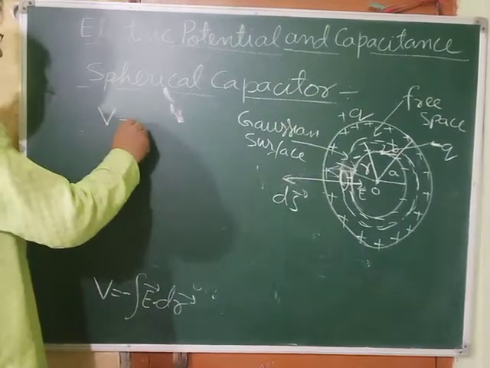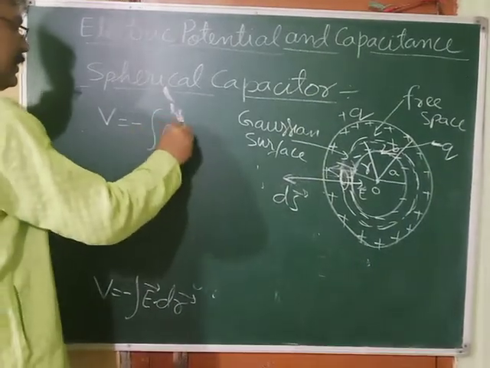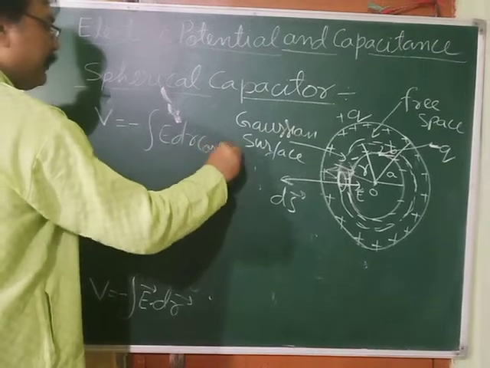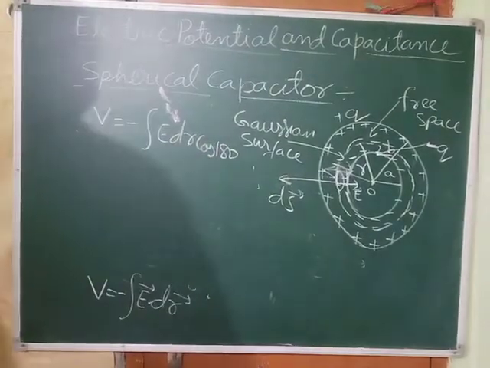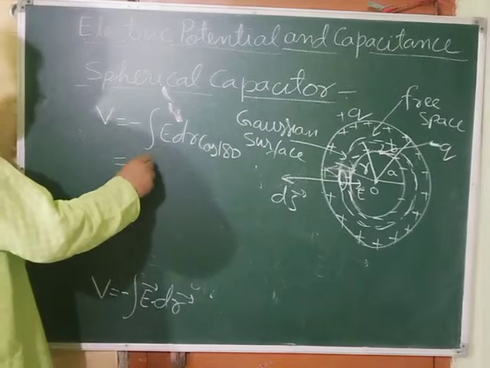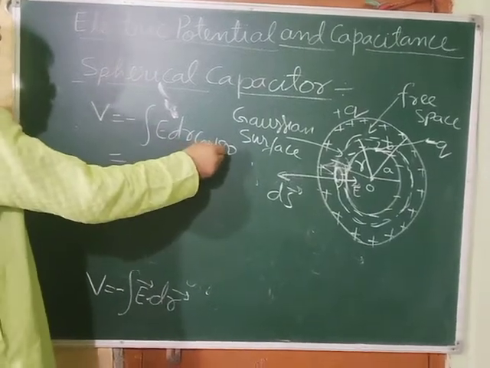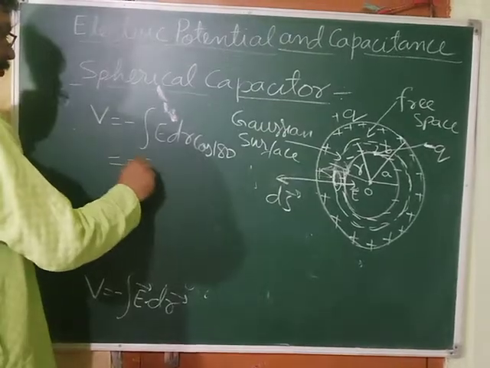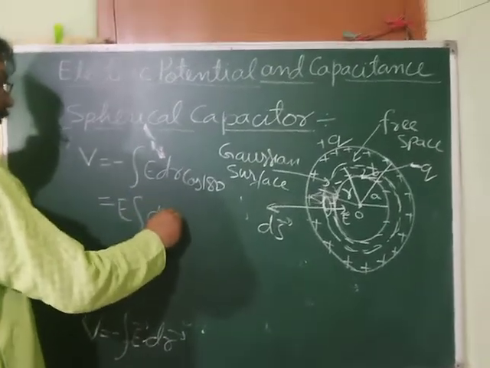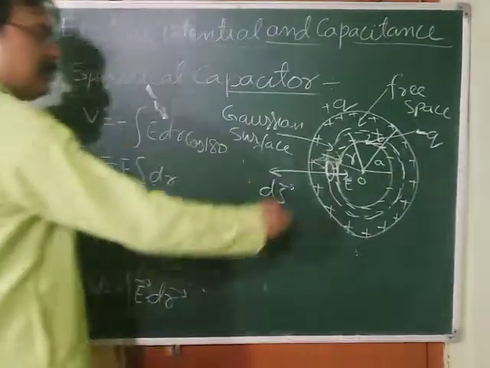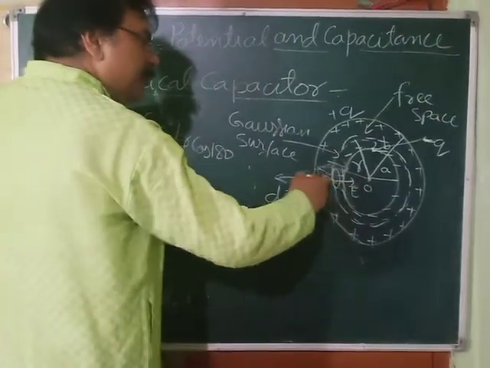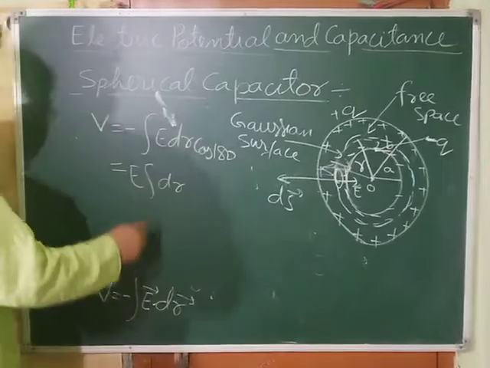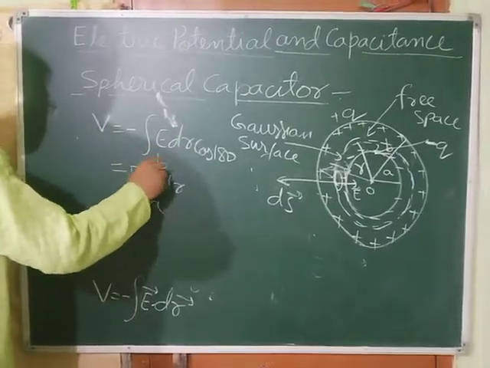V is equals to minus E dr cos 180. And cos 180 is how much? Minus 1. So this minus and minus due to cos 180, what you will get? Positive, and you can take E out. Now dr you have to integrate from a to b, because the radius of the inner part is a, and the radius of the outer part is b. So you have to integrate from a to b.